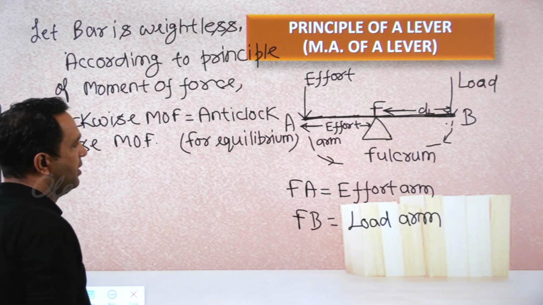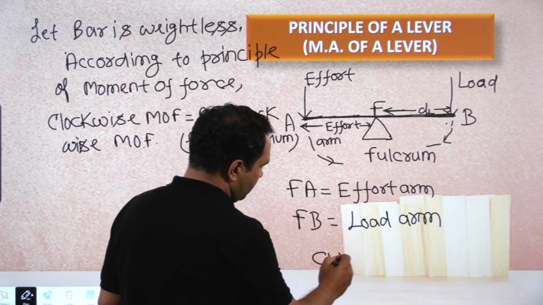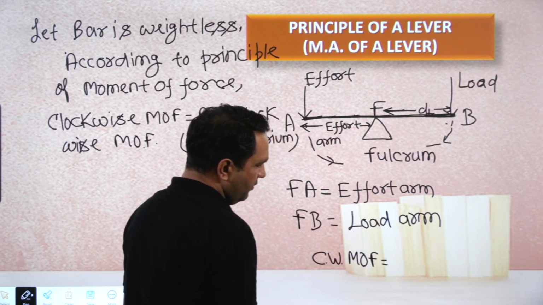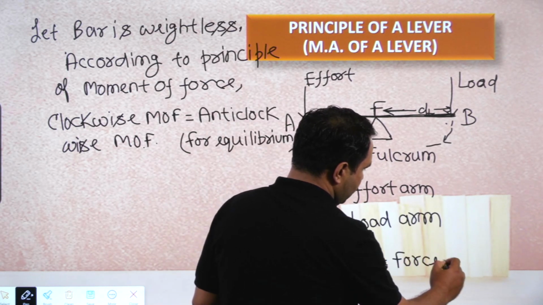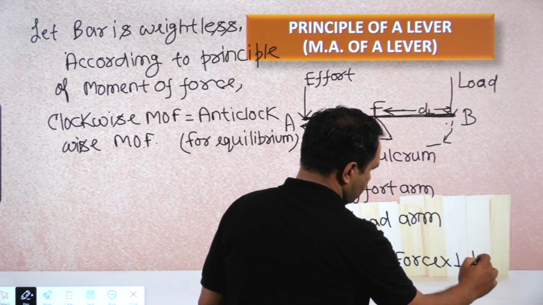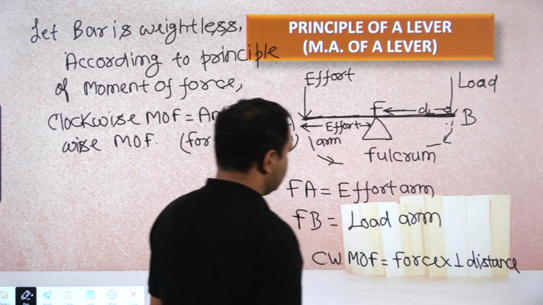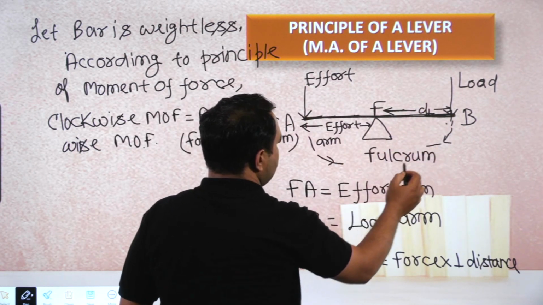So according to the principle of moment of force, the clockwise moment of force is equal to the anti-clockwise moment of force. What will be the clockwise moment of force? It will be equal to force multiplied by perpendicular distance, right? And which one is doing the clockwise moment of force? This load is doing the clockwise moment.